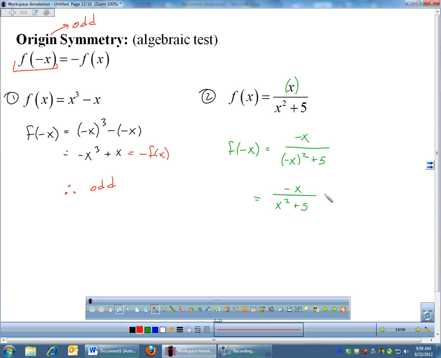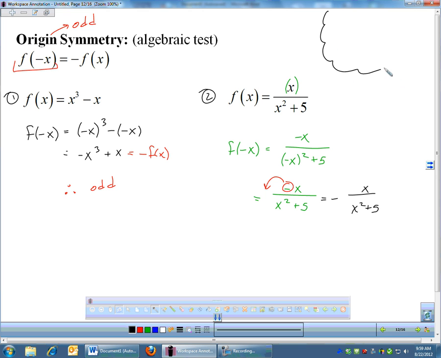That actually is the same thing as, and you can take that negative and move it in front of the whole fraction and turn this into negative x over x squared plus 5. What I did right there is basically the same thing as saying negative 1 divided by 2 is the same thing as negative 1/2. I just took the negative off the numerator and stuck it in front. And this is the opposite of the original fraction, which means this one is also odd.